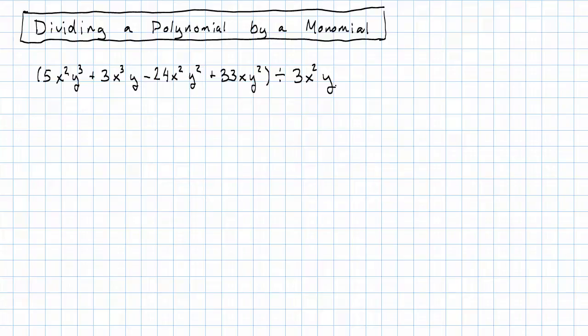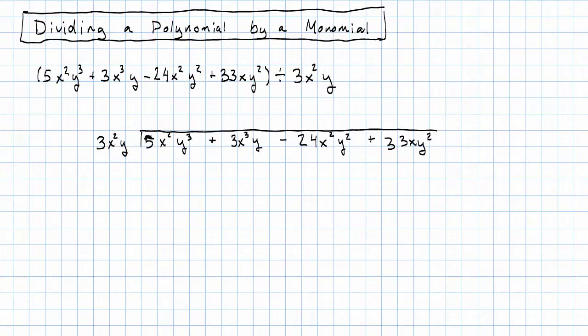Now I'm going to use a long division bracket to organize my thoughts. I'm going to write my 3x squared y on the outside, and I'm going to write my dividend polynomial on the inside. But now I can just go through term by term and divide each monomial by 3x squared y.